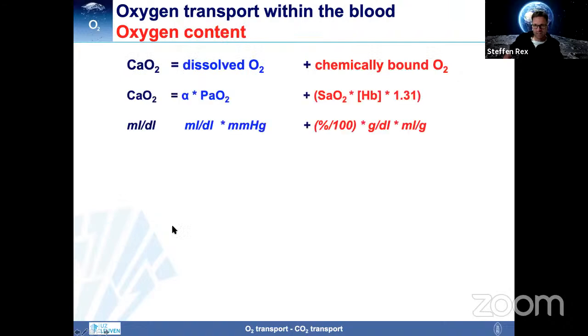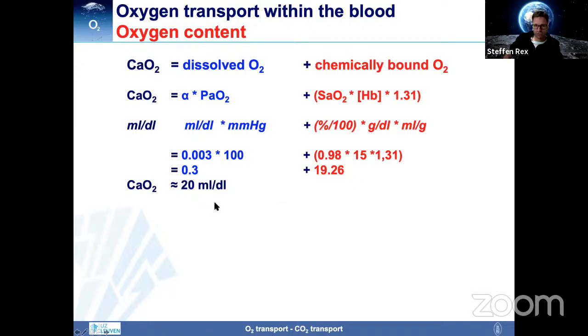And then we can calculate the oxygen content. We have the dissolved oxygen, and we have the chemically bound oxygen with the corresponding units. I don't want to bore you, but we end up then with 0.3 milliliters per deciliter dissolved oxygen, and around 19.3 milliliters per deciliter chemically bound oxygen, in total 20 milliliters per deciliter.